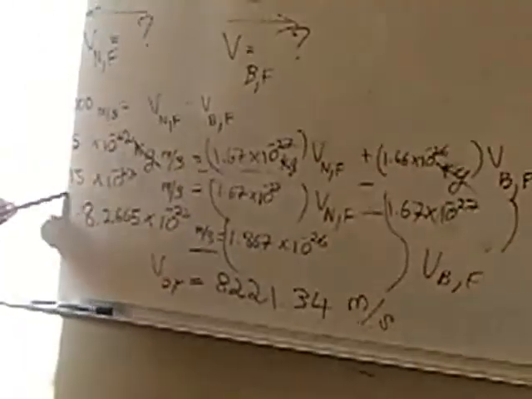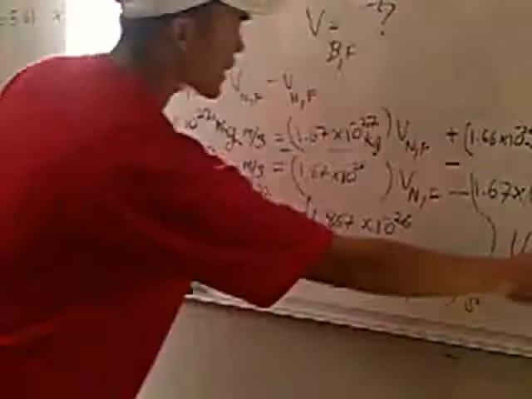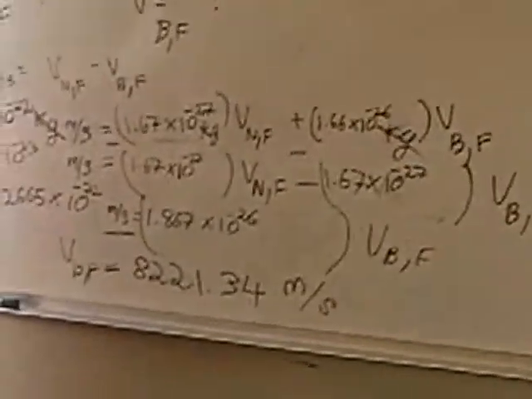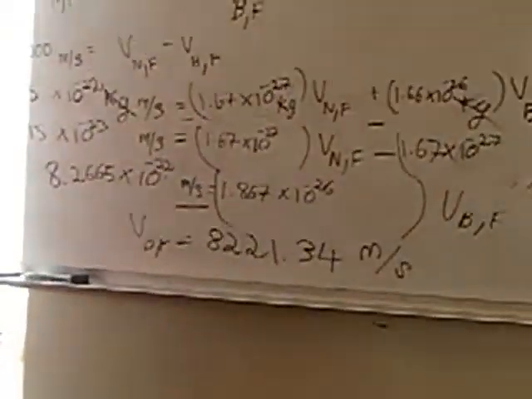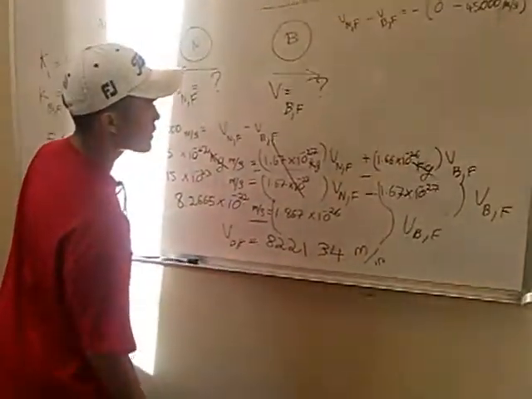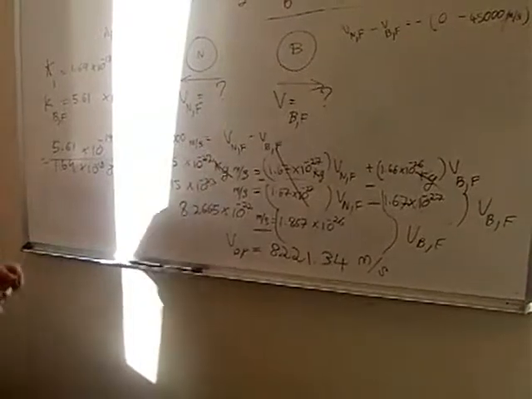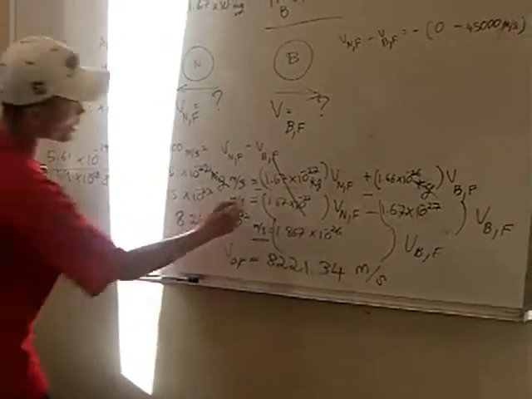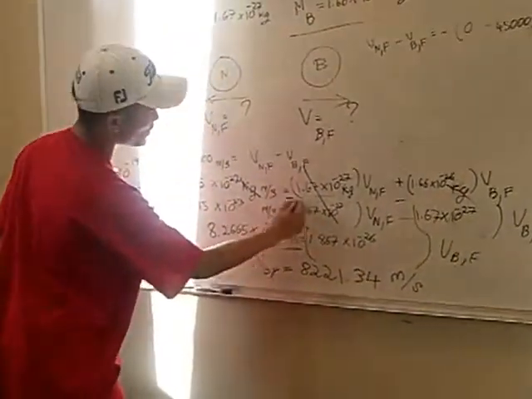So we got it right here. Now the final velocity of the neutron terms cancel out, so essentially we're just solving for the final velocity of boron. We add them up? No, we subtract them, since this is positive.